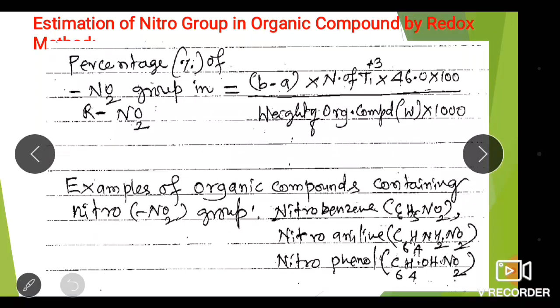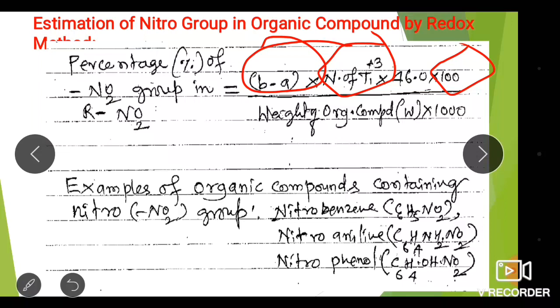The percentage of nitro group in RNO2 is equal to B minus A, the difference between the blank titration and the main titration, into the normality of titanium sulfate solution, into 46, the conversion factor, which is the molecular weight of NO2: 16 plus 16 plus 14.